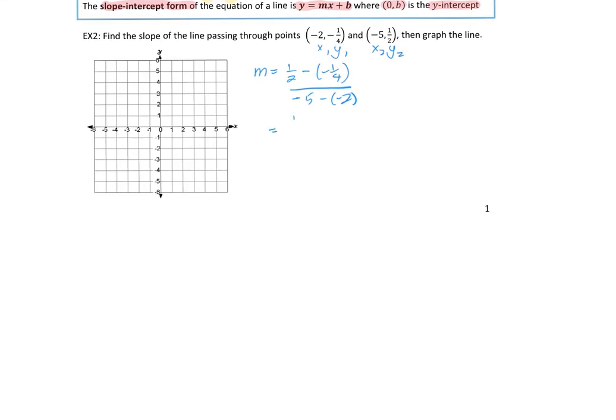It's going to be equal to 1/2 plus 1/4 over negative 5 plus 2, which is 3/4 over negative 3. In other words, that's 3/4 divided by negative 3, or times 1 over negative 3. And we could see that the 3's will cancel and we will get negative 1/4. So I have a slope of negative 1/4.